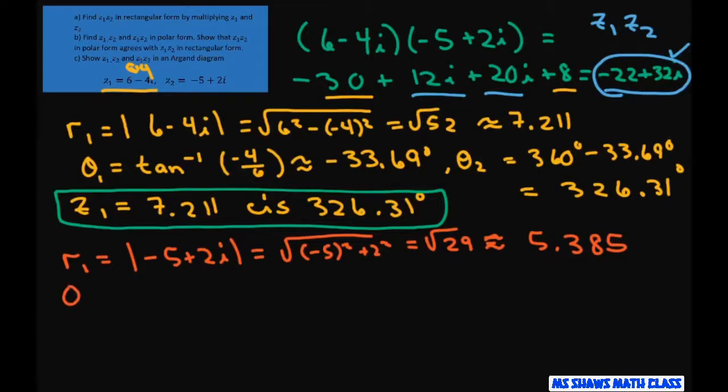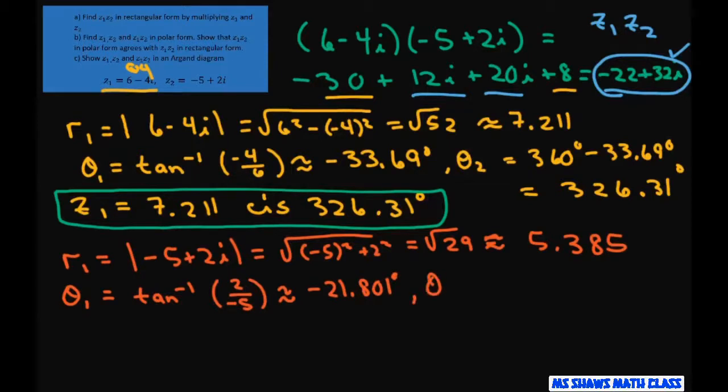And our angle, we'll call this angle 1, equals inverse tan of 2 divided by negative 5, which is approximately negative 21.801 degrees.